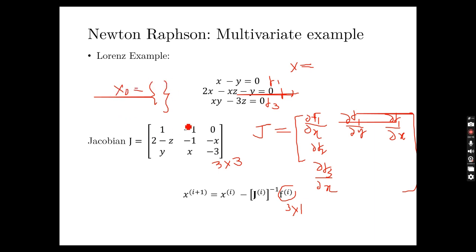Based on this 3 cross 1 vector, we get a 3 cross 1 f vector, and for this 3 cross 3 Jacobian, we take an inverse, and we get the slope in 3 dimensions, like a line in 3 dimensions. Then this is the current x, like this x0 only if we are taking the first iteration. So we subtract this, and then we get the value of x for the next iteration. Okay, so this is the Newton-Raphson in higher dimensions, or multivariables.